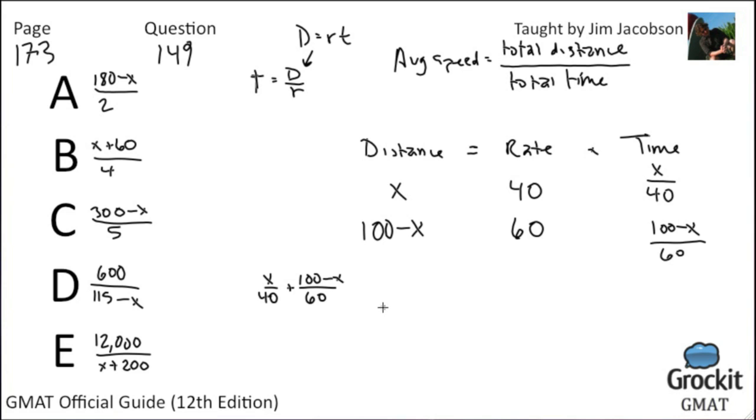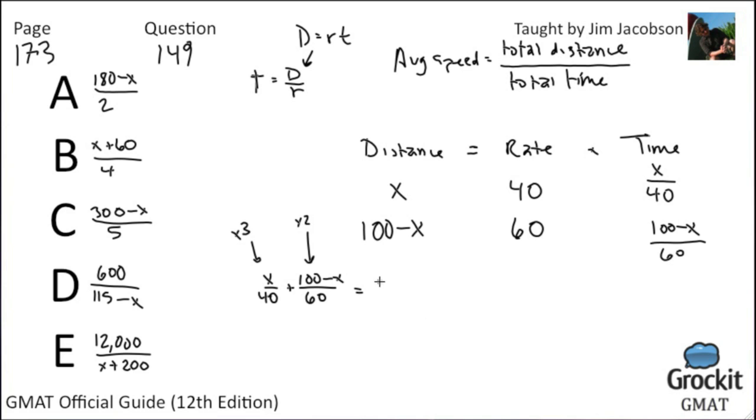And of course we need a common denominator. 40 and 60, the common multiple is probably going to be the least common multiple, or the easiest common multiple, which isn't a mathematical term, but it's going to be 120. So we need to multiply this guy times 3 and we need to multiply this guy times 2 to get them in the correct format.